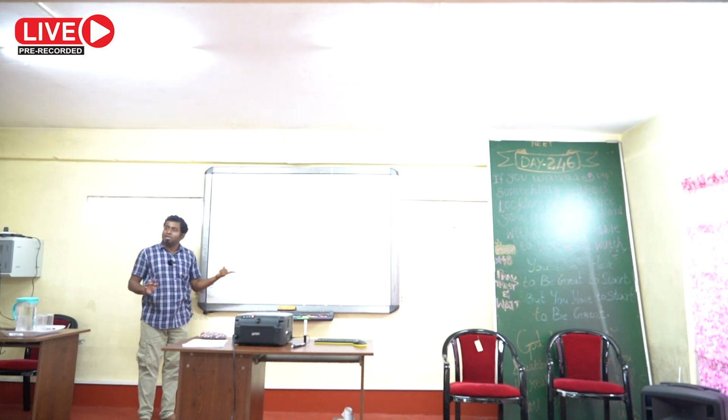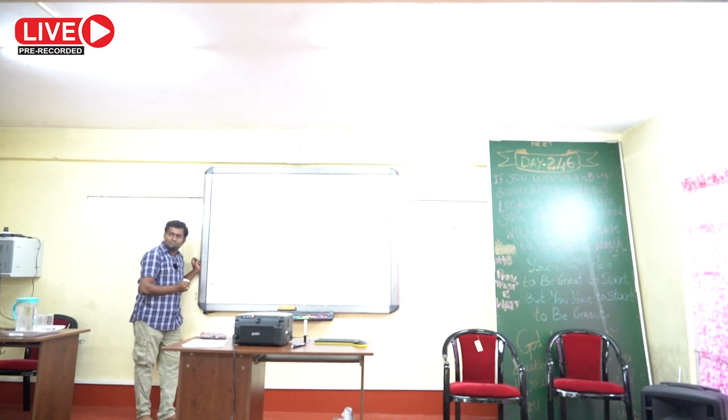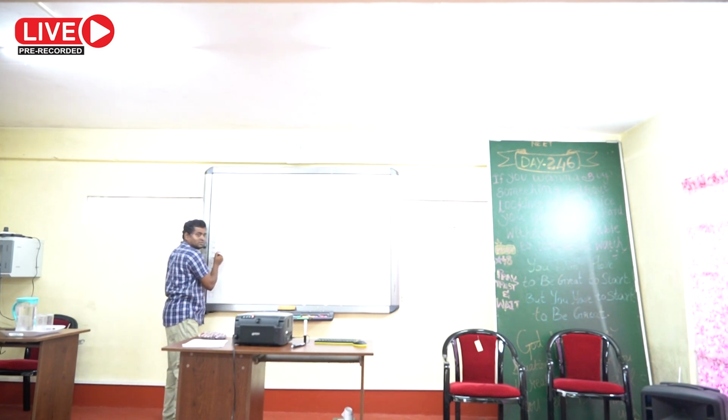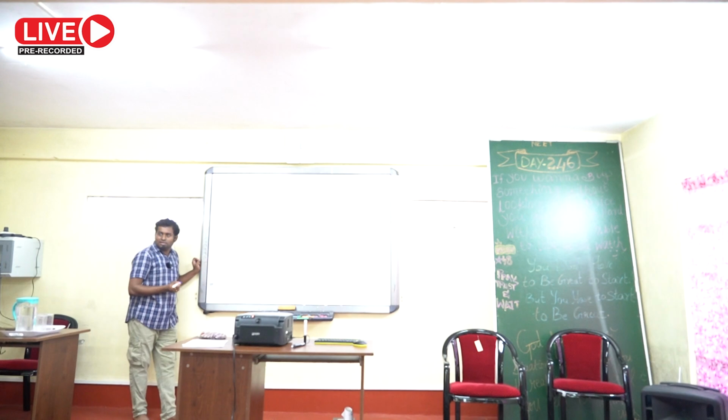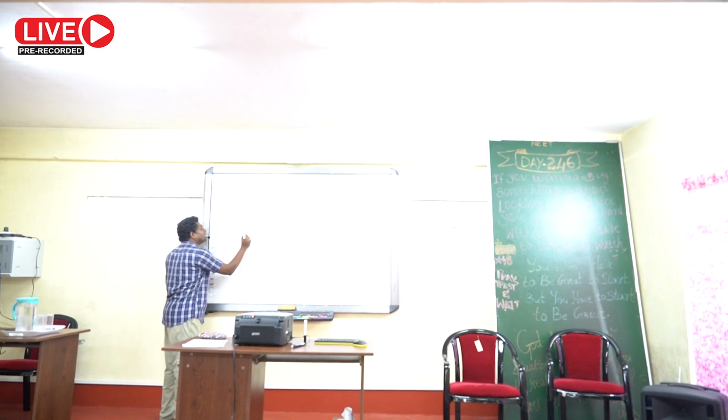The beam is horizontal, which means m1 into this perpendicular distance x, the mass moment, should be equal to half into y in the first measurement. So you can write m1 equal to y by 2x.